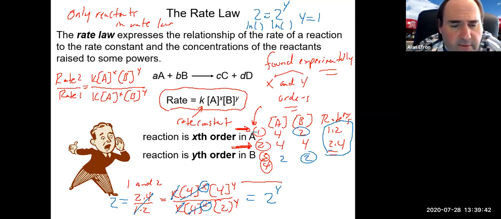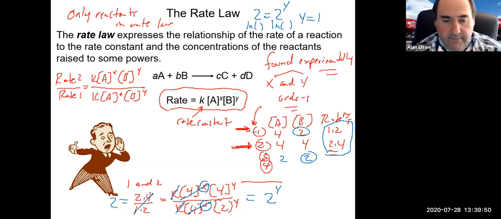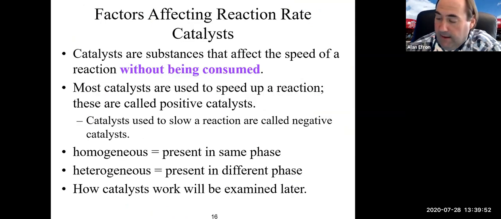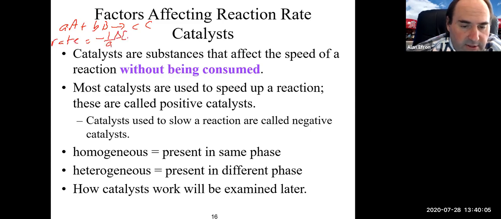And we can represent that with our rate expression, where we can, for example, come up with something like we have this reaction, the rate would equal minus 1 over a, the change in the concentration of A over the change in time.